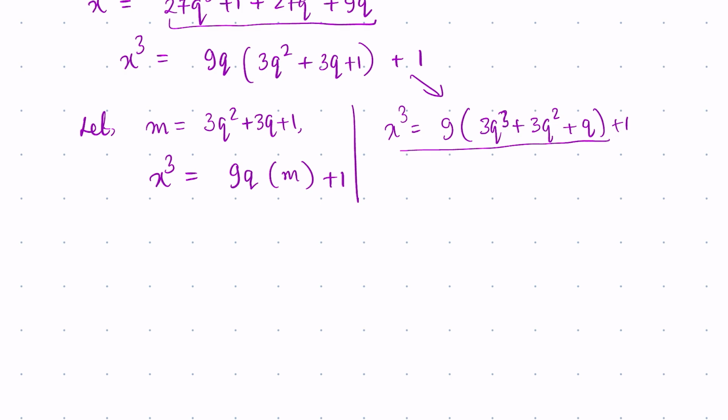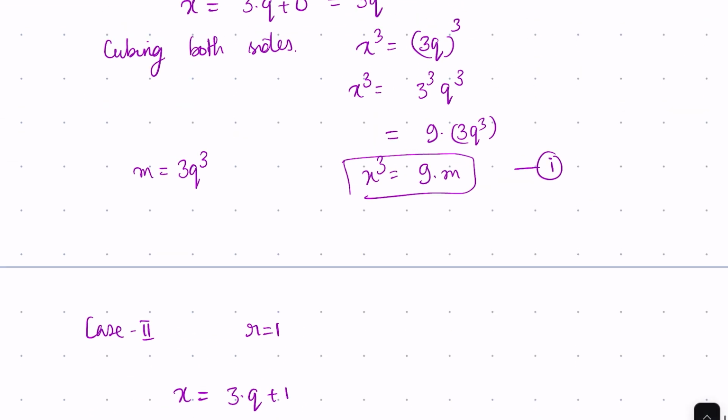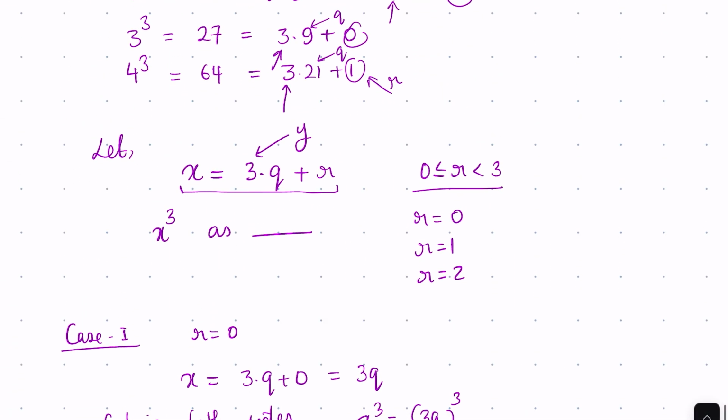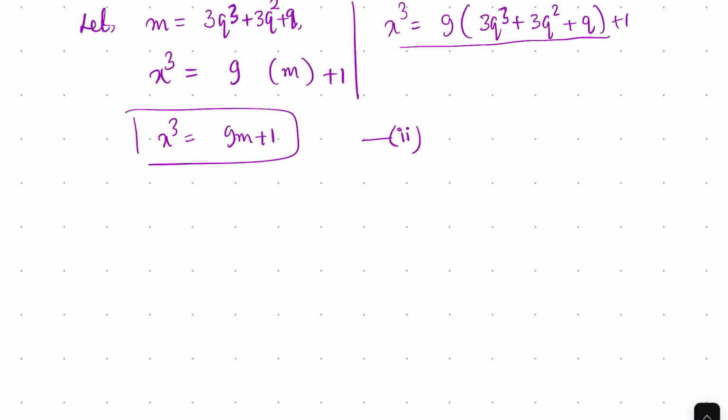So let's assume m is equal to this, which gets rid of this term, and conveniently gives us x cubed is equal to 9m plus 1. This is our second case. We wanted to show that it's equal to something like this, which we have shown.